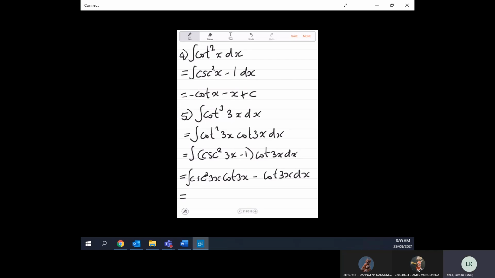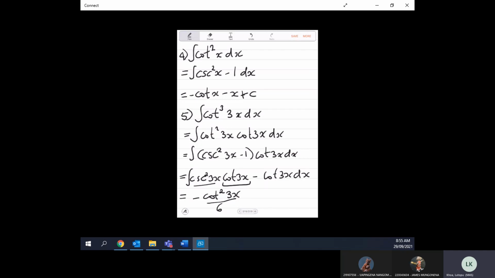Okay, so here we have the function and its derivative. So integrating, we just say minus cot squared 3x. We divide by 2 and then divide by 3. So that means we are dividing by 6.